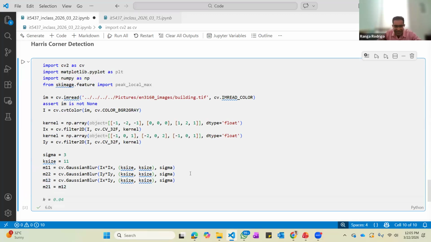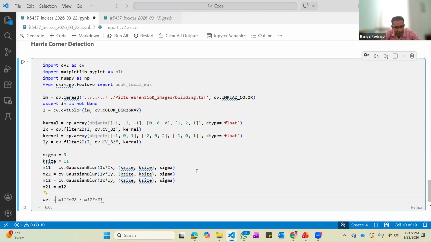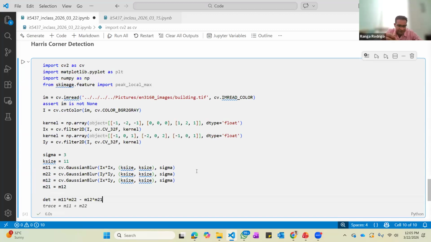And then let's compute the determinant. So we know how to get the determinant: M11 M22 minus M12 M21. Do you remember how to get the determinant of a matrix?